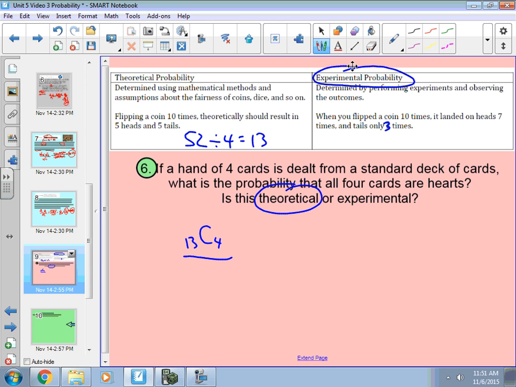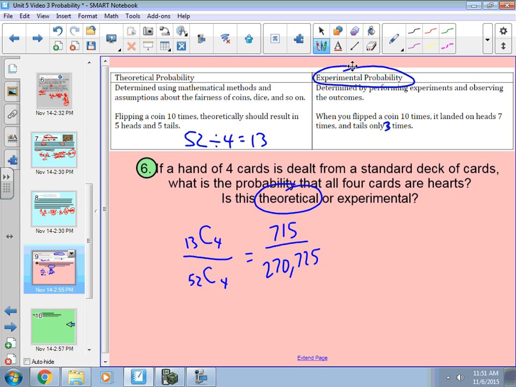Over how many different ways could we get 4 cards out of the deck of 52 cards? So our probability would be whatever this comes out to be. If you do the top one, you get 715 ways of getting 4 hearts, and the different ways of getting 4 cards out of the deck is 270,725 ways.